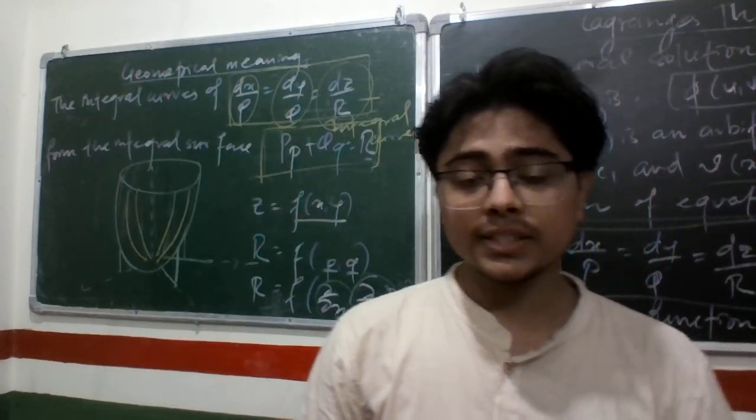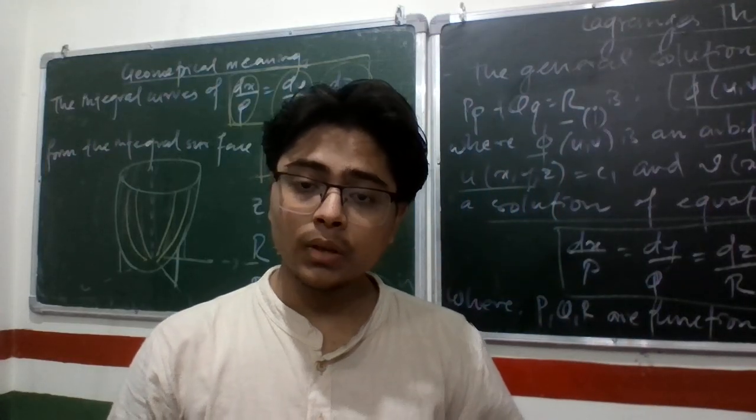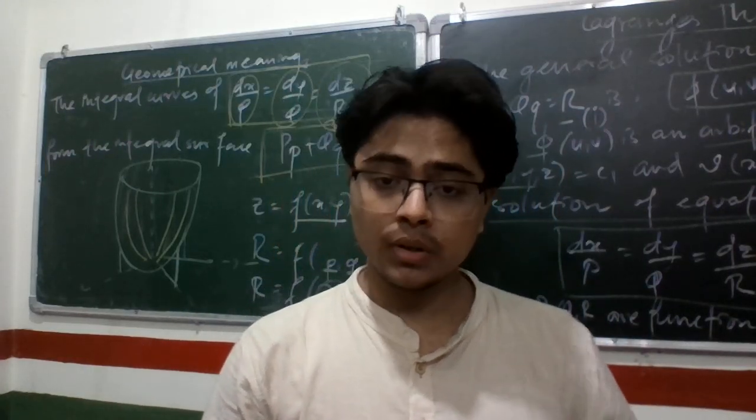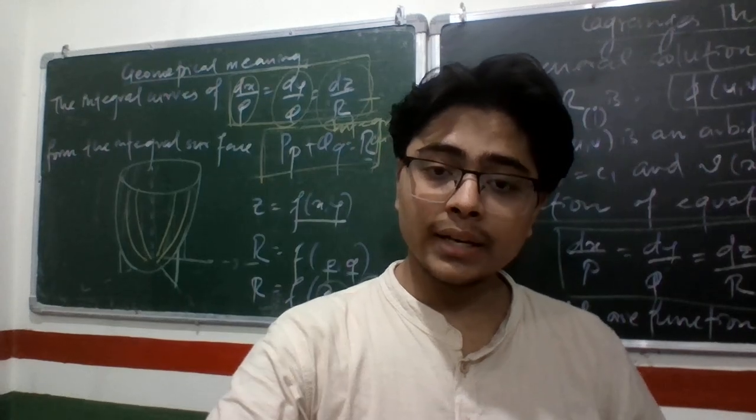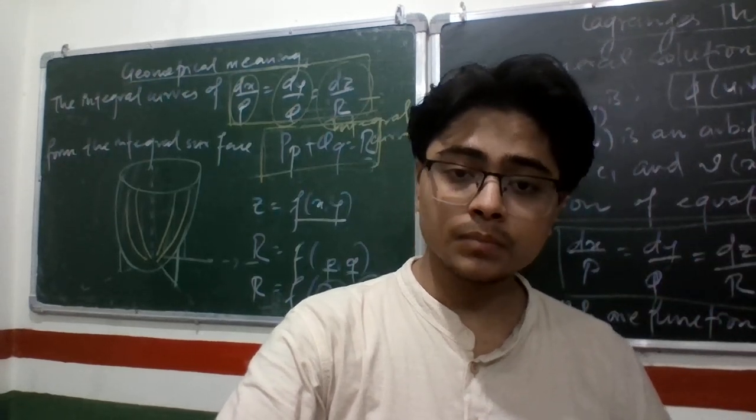Now if you are still unclear about it, let's see the proof of it so that it will be much easier for you to understand and intuitively think about it.